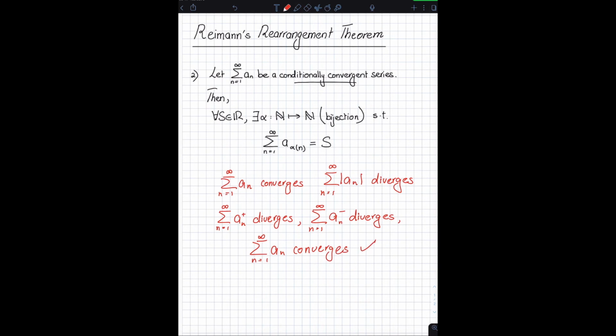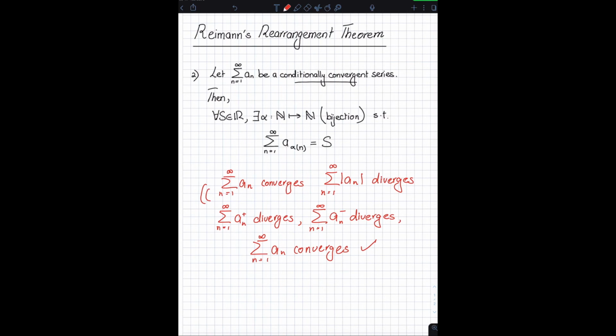So if you add up all the positive terms and the negative terms with each other, the summation will converge, but individually the sum of all the positive terms diverges to positive infinity, whereas the sum of all the negative terms diverges to negative infinity. So both of these are equivalent ways of thinking about what conditionally convergent series are.